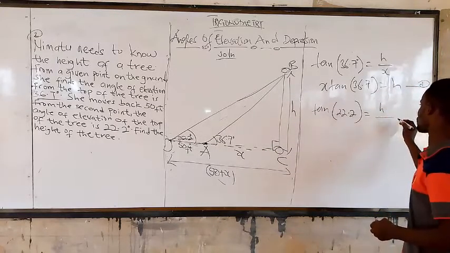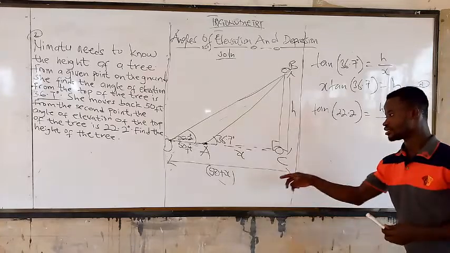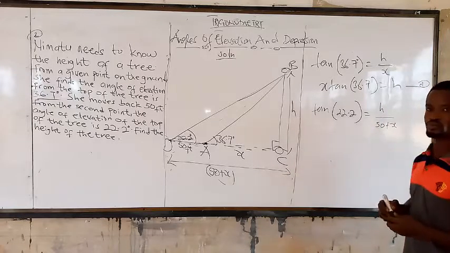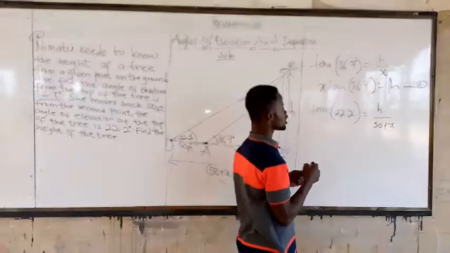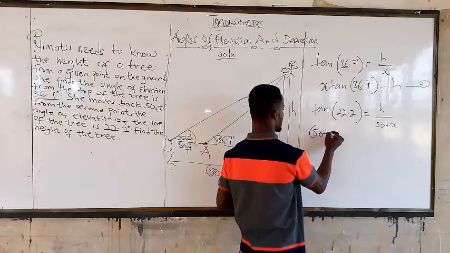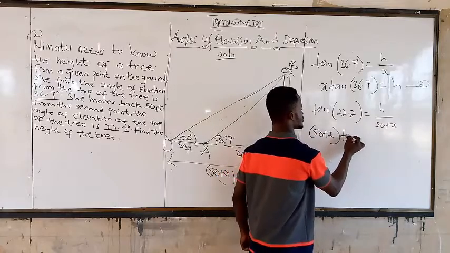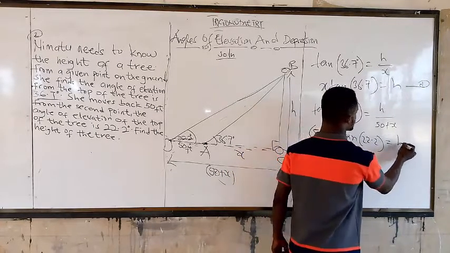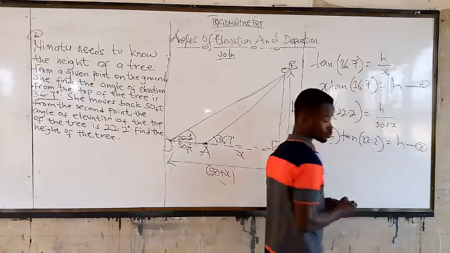That is h over 50 plus x. So here we are going to get the height to be 50 plus x tan 22.2, which is equal to h, equation 2.